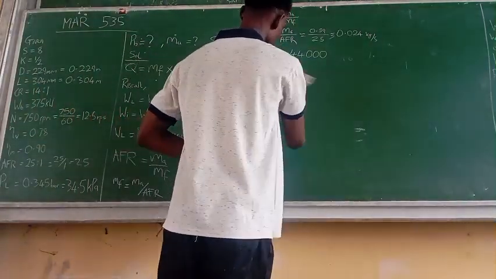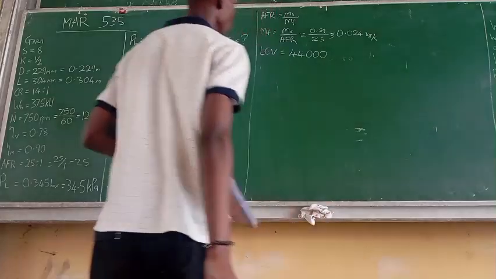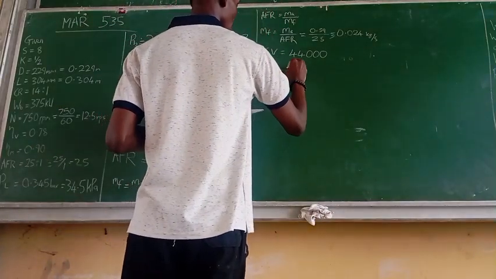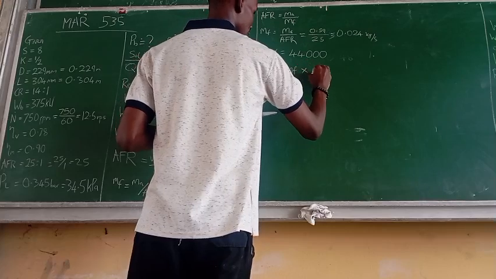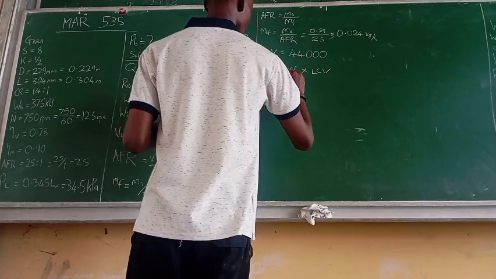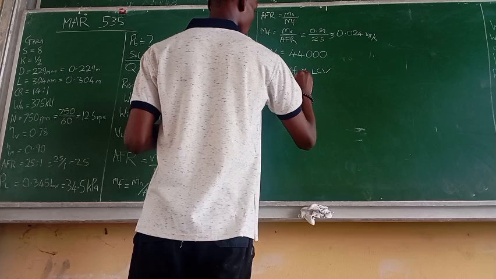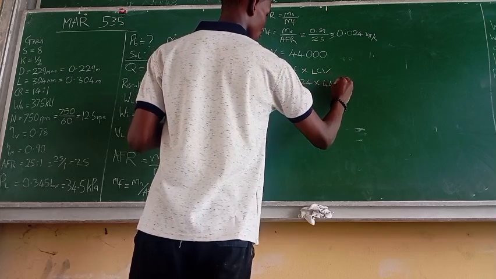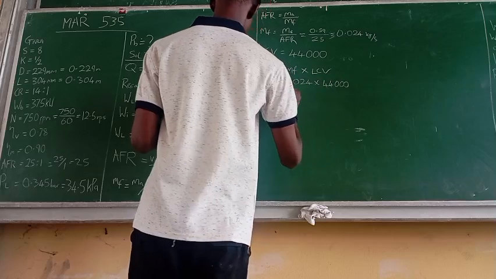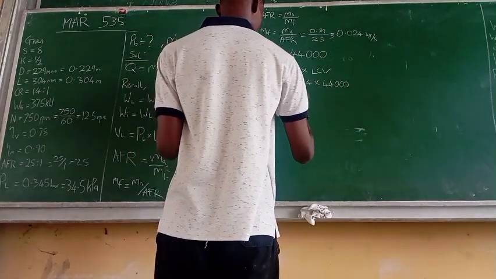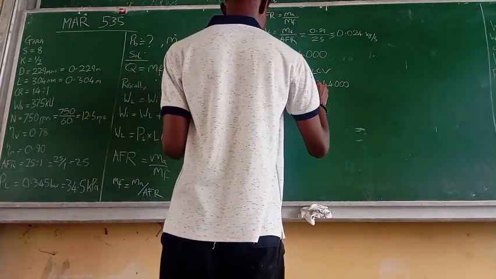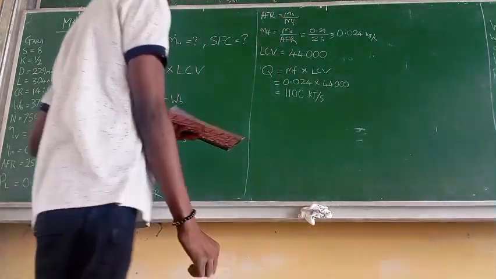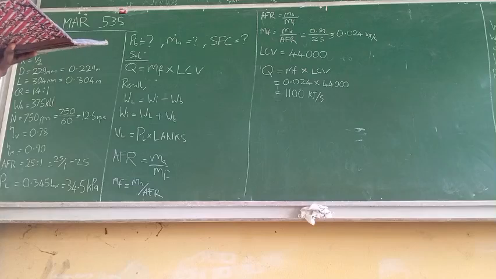Okay, so in this question, LCV is given. Let's continue. So we say that our quantity of heat is equal to MF times LCV, which is 0.024 times 44,000. That is 1,100 kilojoules per second.